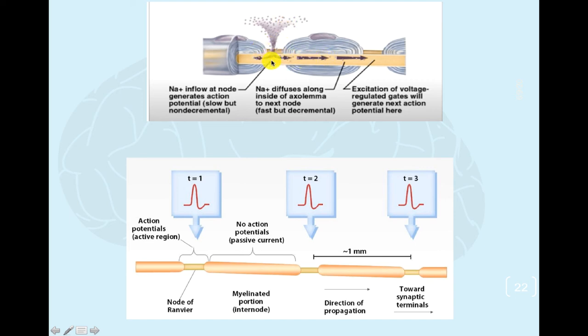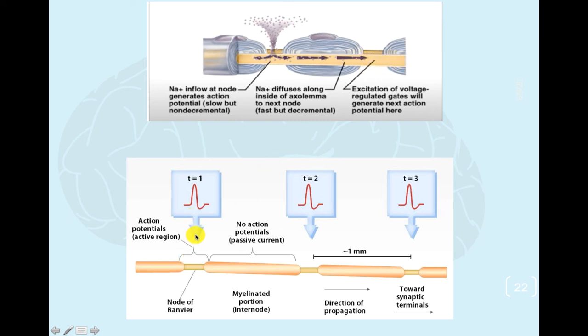Underneath, the sodium that comes in diffuses until it gets here. When it gets here, it makes this part of the axon positive enough that it crosses the threshold, and bam, all the sodium channels open, sodium rushes in, and then potassium will leave. The sodium that came in diffuses across to the next one.